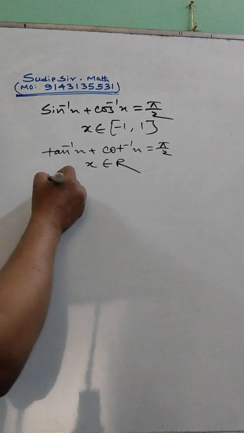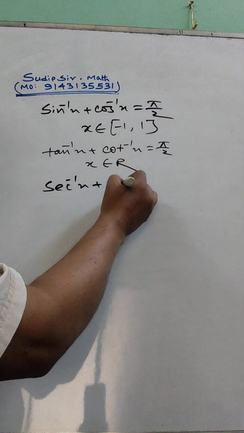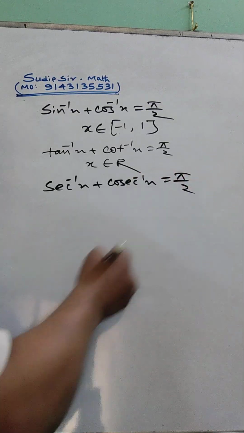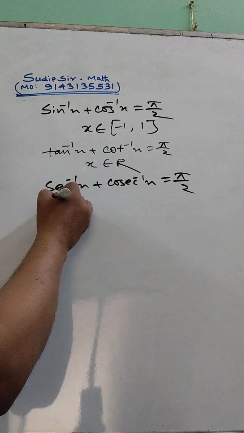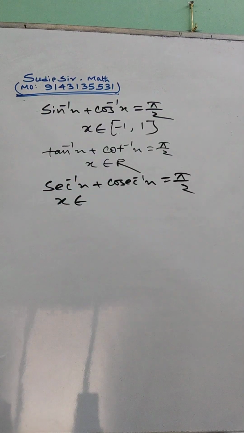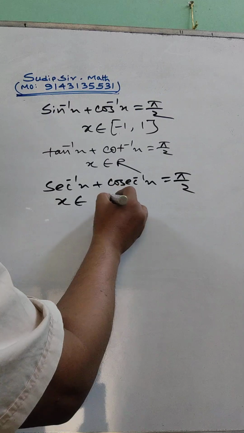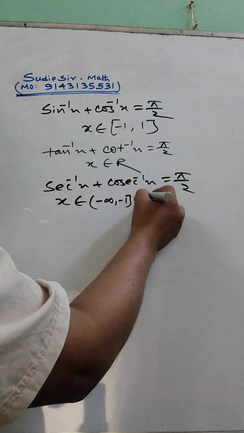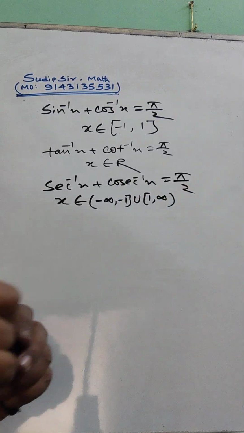And sec inverse x plus cosec inverse x equals pi by 2, where x belongs to minus infinity to minus 1 union 1 to infinity.